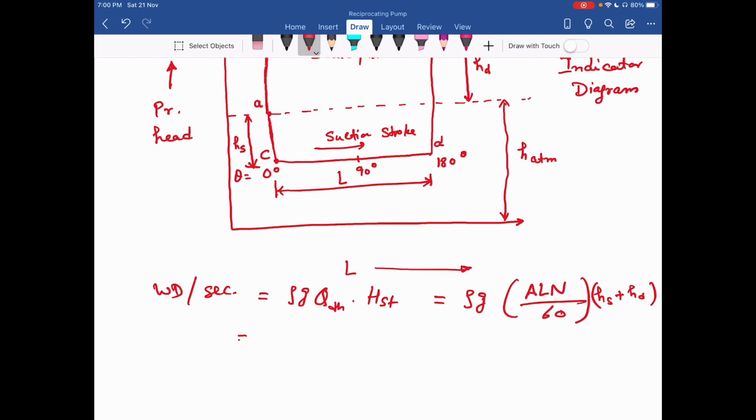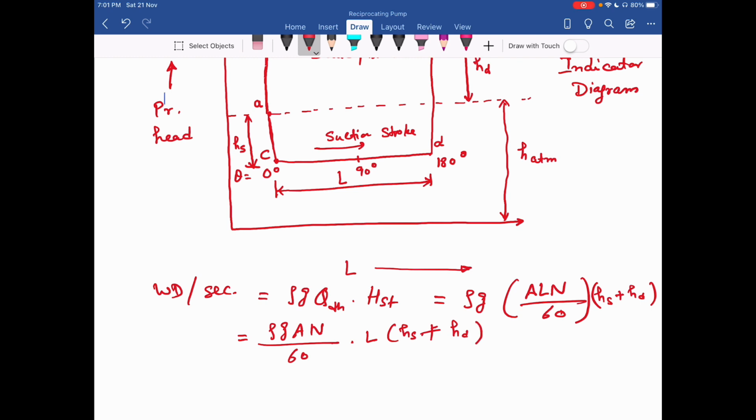So this I can write as rho g A N divided by 60, then into L into (HS plus HD).